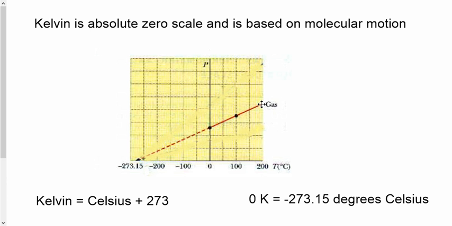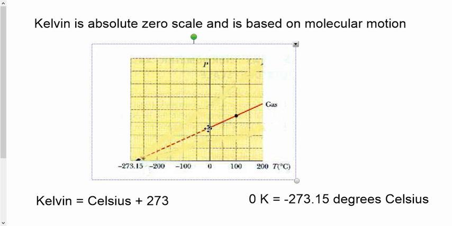And if we make a graph of this and get a straight line, and let's say we go to 0 degrees Celsius or whatever, if we extrapolate a straight line back all the way down to 0 pressure, we get a number of negative 273.15. And this is going to be called the absolute value or absolute zero scale, in which case all pressure ceases to happen. You have a pressure of 0.